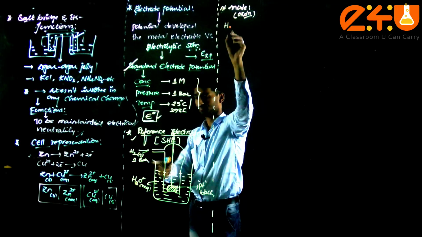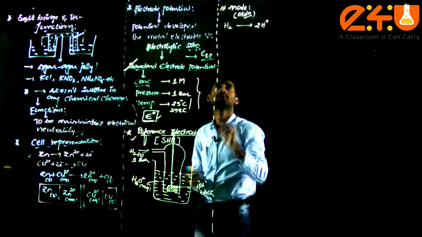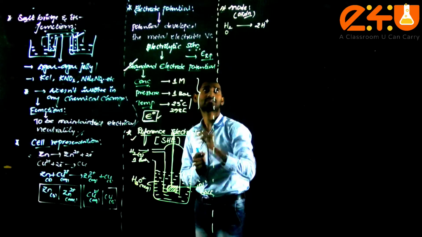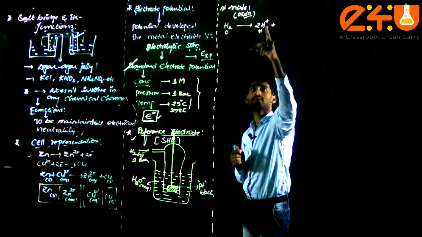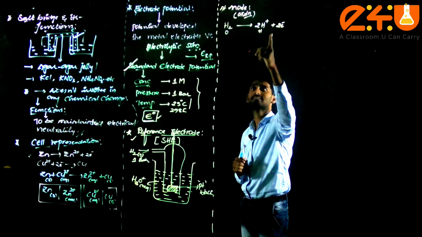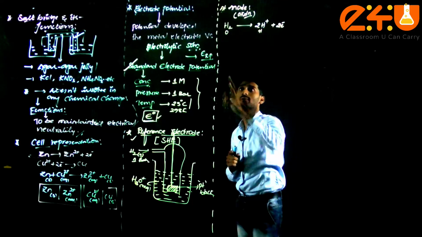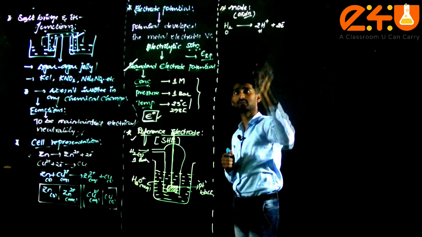H2 gives rise to 2H plus. Correct or not? Here the oxidation state is 0. Here what is the oxidation state, dear students? +1. Now if you want to balance, I can take 2 electrons here. This is the reaction at anode. Check whether it is balanced or not: 2 hydrogens, 2 plus and 2 minus, both cancel.